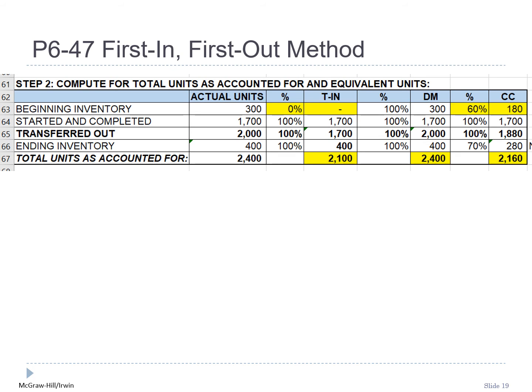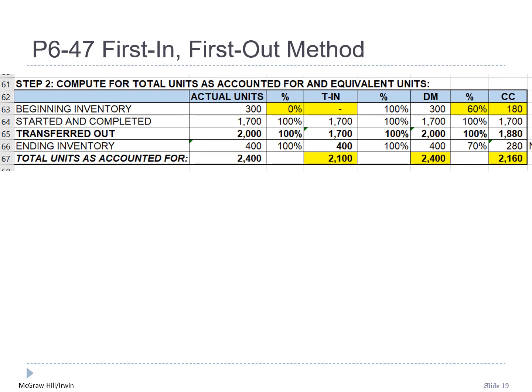Next, ito. So, beginning inventory, 0% kasi according to the problem, basahin ko lang, yung department B had 300 units in work in process, estimated to be 40% complete for conversion.